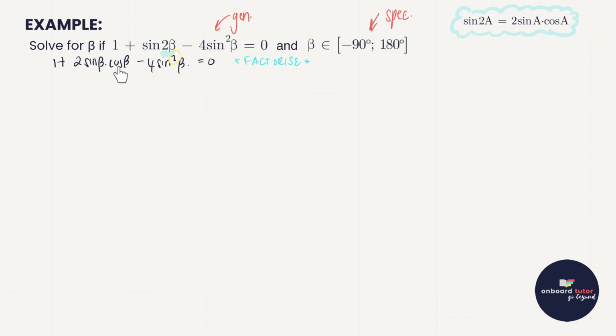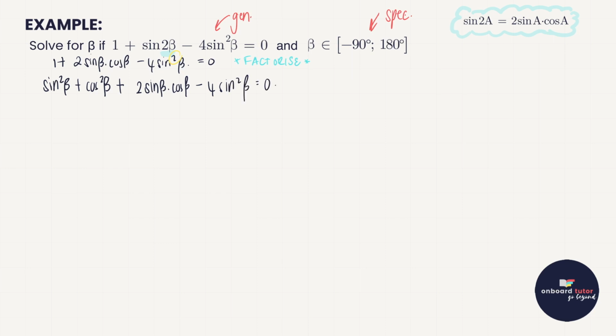So the fact that we have a sine and a cos here makes me think, let's change this 1. We know that fundamental identity, so we can rewrite that as sine squared beta plus cos squared beta, and then plus 2 sine beta cos beta minus 4 sine squared beta.